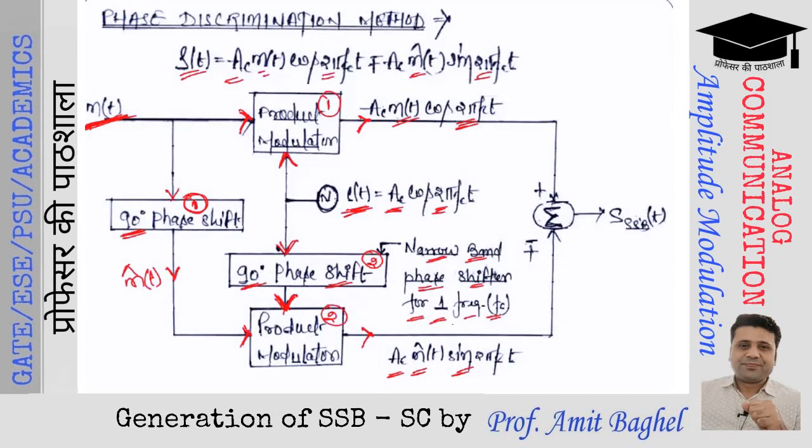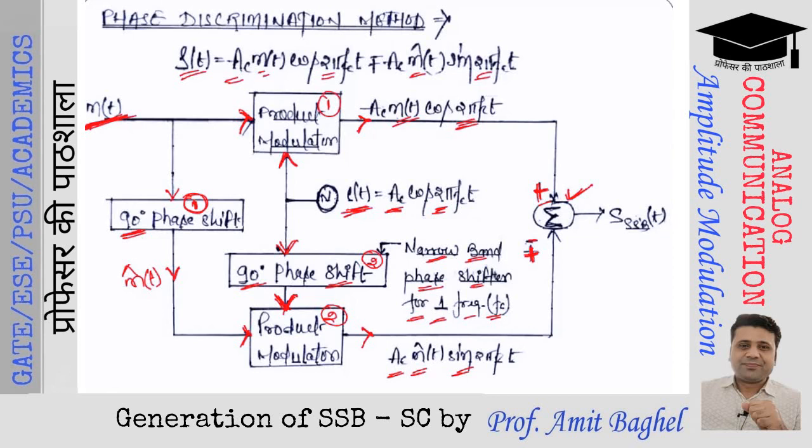Now these two outputs will be taken at the summer with the polarity as product modulator 1 given with the positive polarity, whereas product modulator 2 output will be given with the polarity minus and plus. If the minus polarity is taken, upper sideband will be generated. That means the modulated waveform with the upper sideband will be generated.